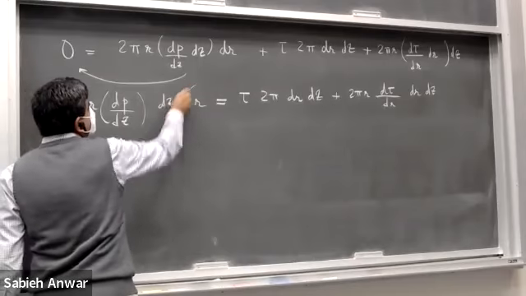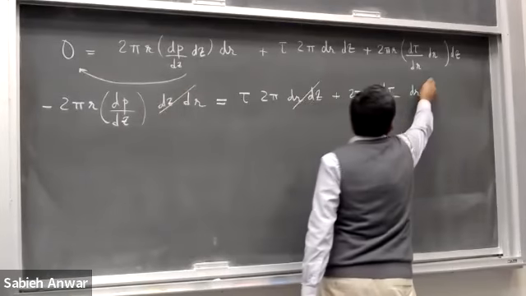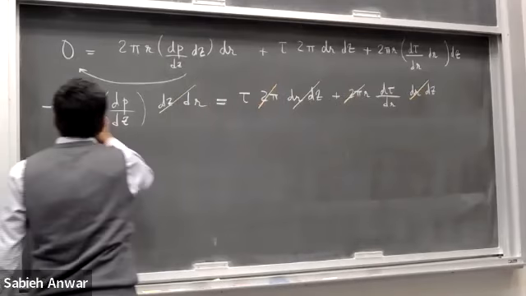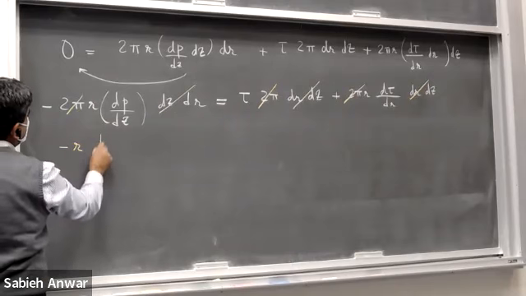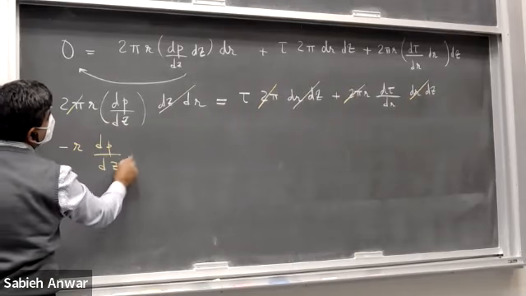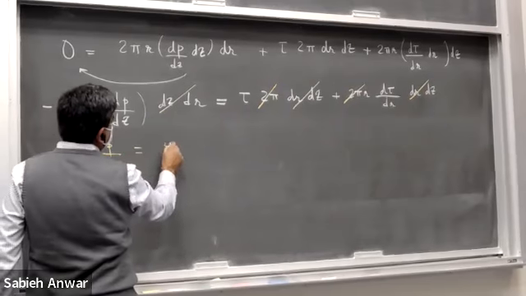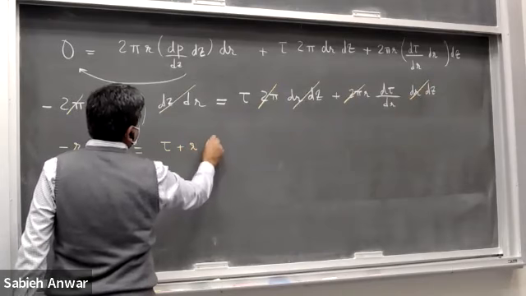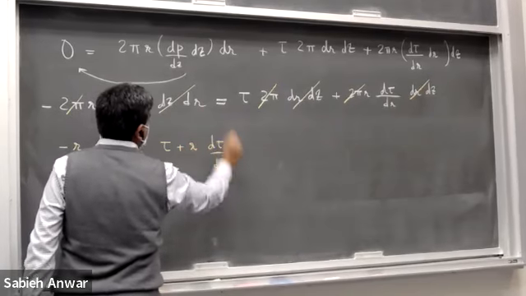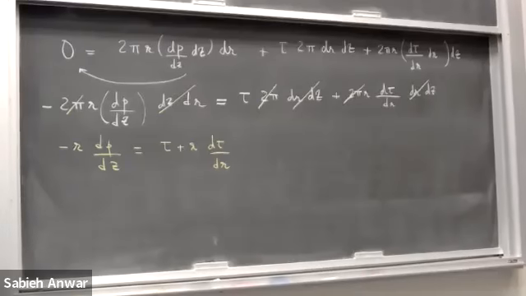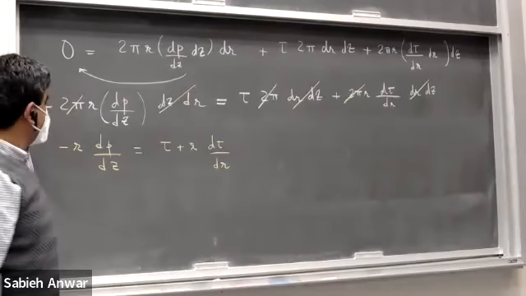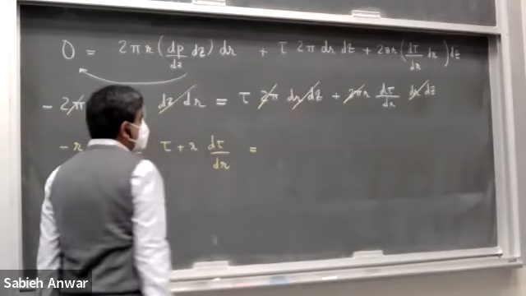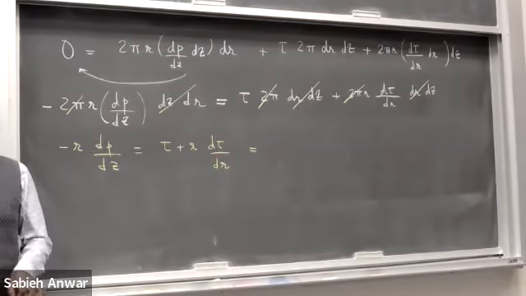So fortuitously, these terms just go away. I can also get rid of the 2 pi. Finally, I'm left with minus r dp over dz equals tau plus r d tau over dr. Now, can I convert these two terms into a single derivative?